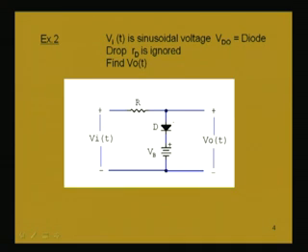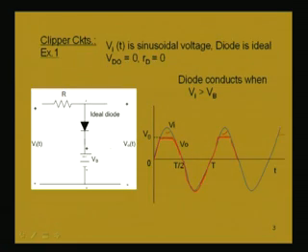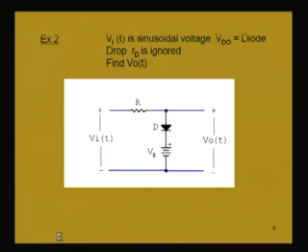Now, this circuit has this diode which is connected to a battery Vb, similarly to this example, that is, N is connected to the positive of Vb. The same example, if we now consider that the diode is not ideal, but it has a voltage drop Vd naught.